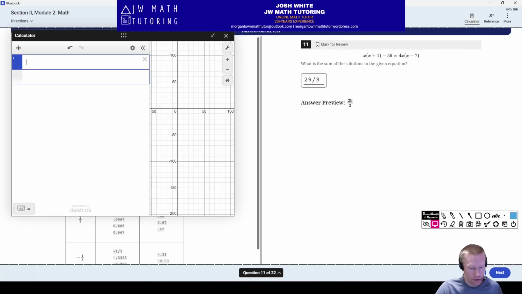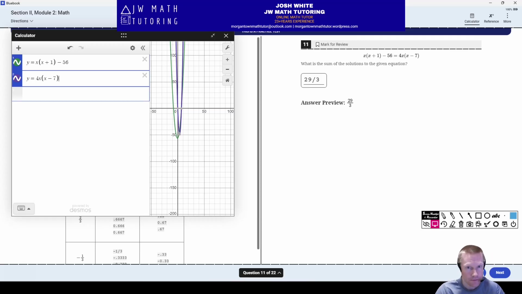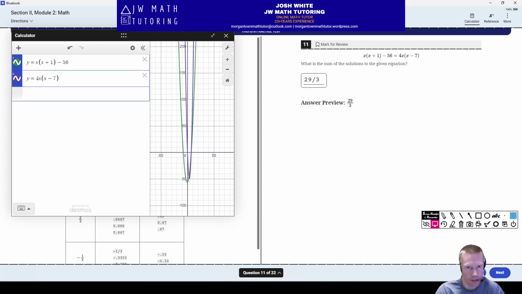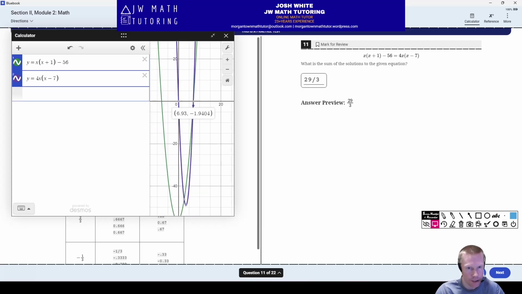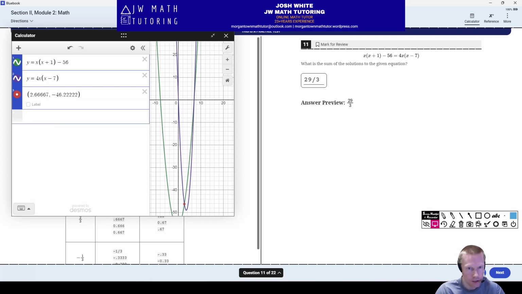Of course, if you wanted to do this in Desmos, that is always an option. We graph y equals left side and y equals right side. The only problem is it's a little tricky to see exactly where they intersect. So one of them is right here, and the other one actually is this intercept right here.